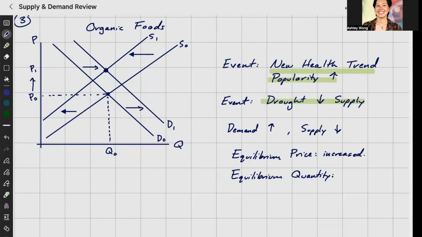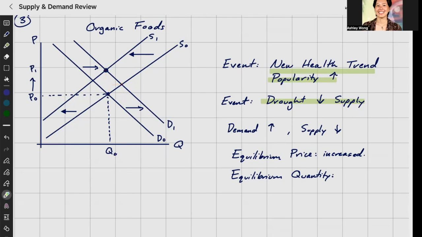All right, now let's talk about equilibrium quantity. So when we shifted our demand curve to the right to represent our increase in demand, our equilibrium quantity increased a little bit at this intermediate equilibrium. But when our supply decreased, our equilibrium quantity shifted backwards.